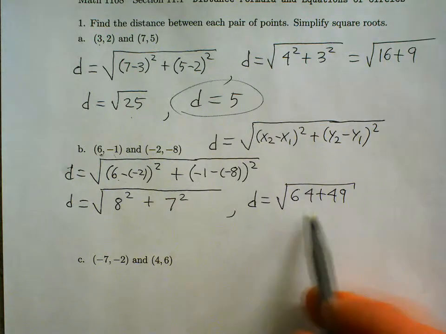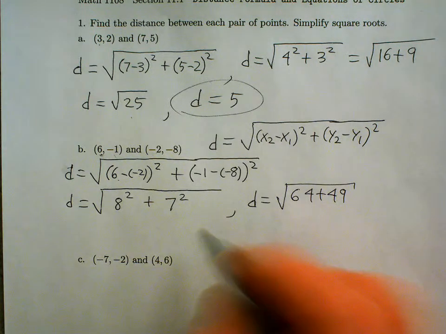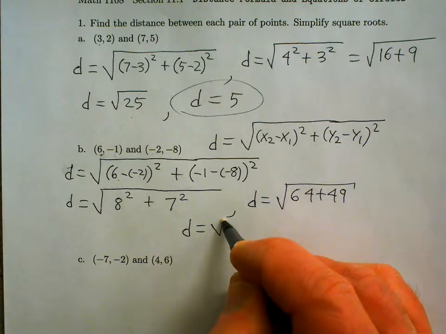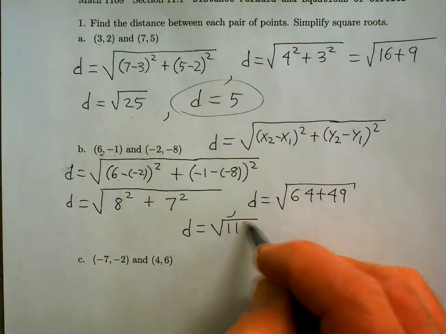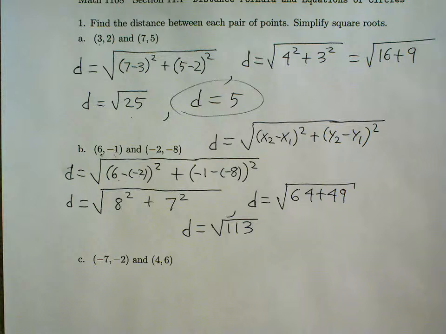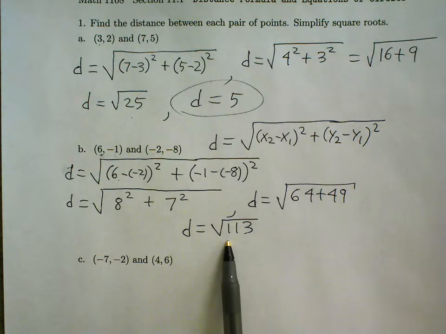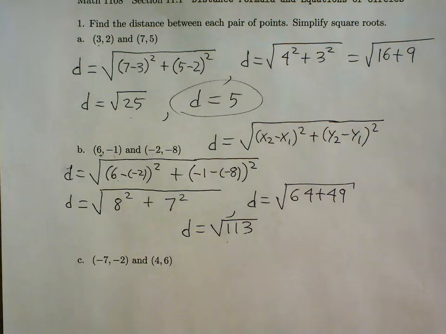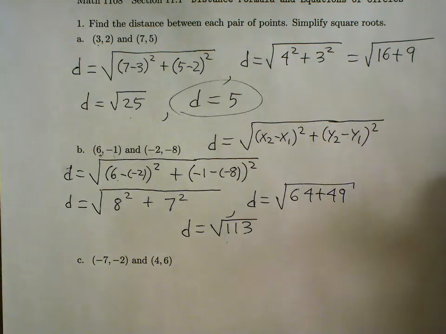And 64 plus 49 is 113. So the distance between the 2 points is the square root of 113. The square root of 113 cannot be simplified any further. So we move to the next example.